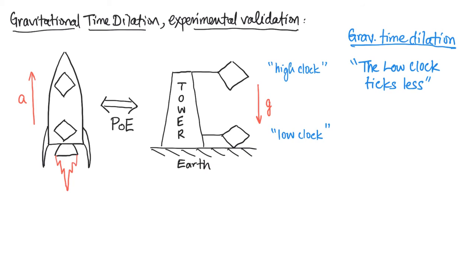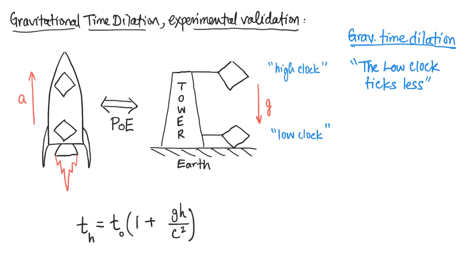And you can show with a direct calculation, we're not going to do it here, that the amount of time that the high clock ticks is related to the amount of time that the low clock ticks with this factor 1 plus gh over c squared, where g is the gravitational acceleration near the surface of the Earth. And this is valid for short separations and small masses, like we see on the Earth and for a tower.